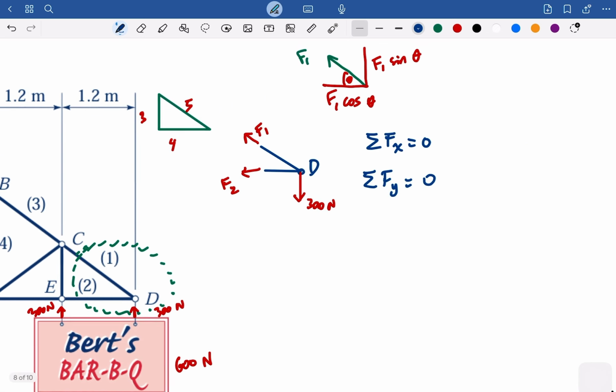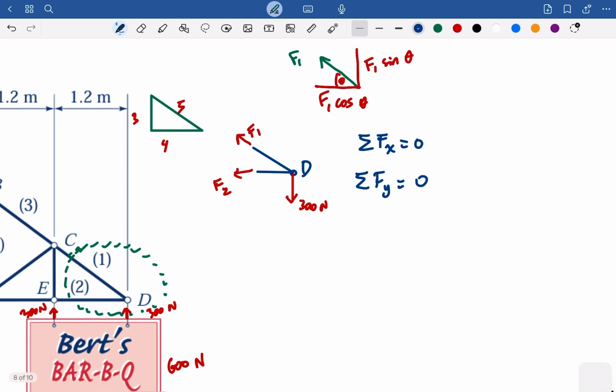One standard to help: every time you see the force going to the left, we say it's negative. If the force is going to the right, it's positive. If it's going down, negative; going up, positive.